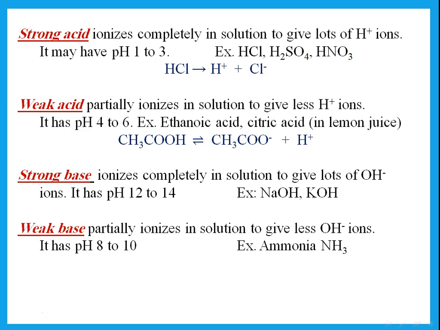When I dissolve it in water, only some of the ethanoic acid molecules will break up to form H+ ions. So we say it ionizes partially to form a small amount of H+ ions, and that is the definition of a weak acid. So the acid is either strong or weak. Hydrochloric is strong, sulfuric is strong, nitric is strong. Things that are weak are like ethanoic or citric acid.